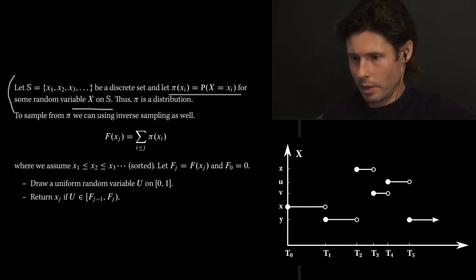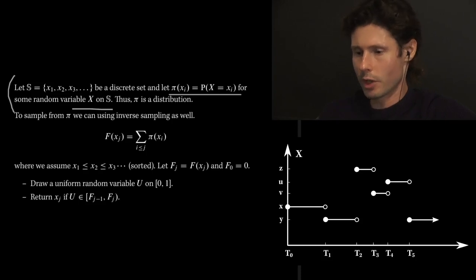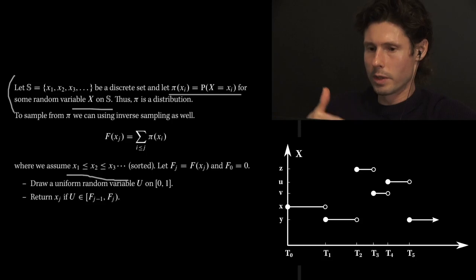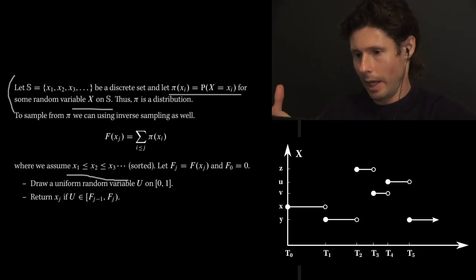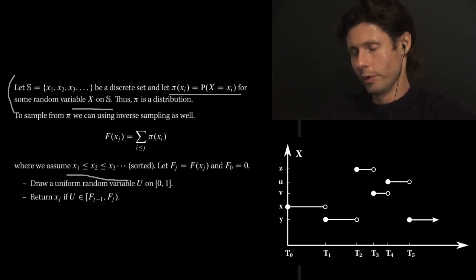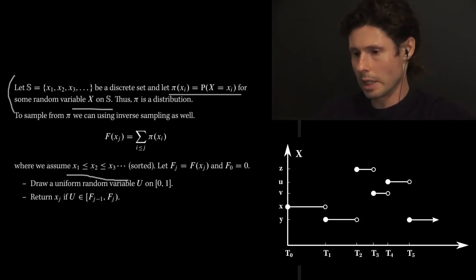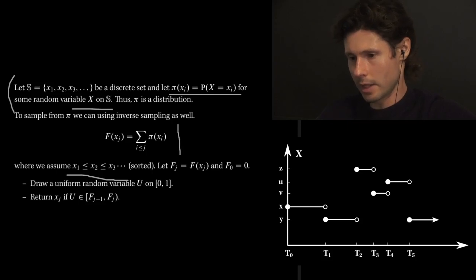Similar to before, we're going to need a CDF, a cumulative distribution function. So we're going to have to sort these. These are points on the x-axis. And as these points move to the right, the CDF should increase, since a cumulative distribution function is always increasing. And this is exactly what's happening here.